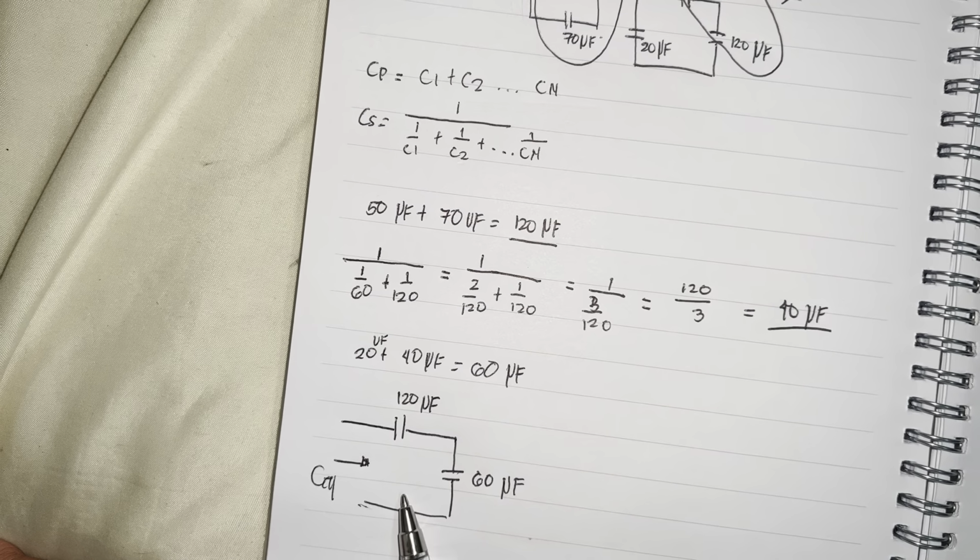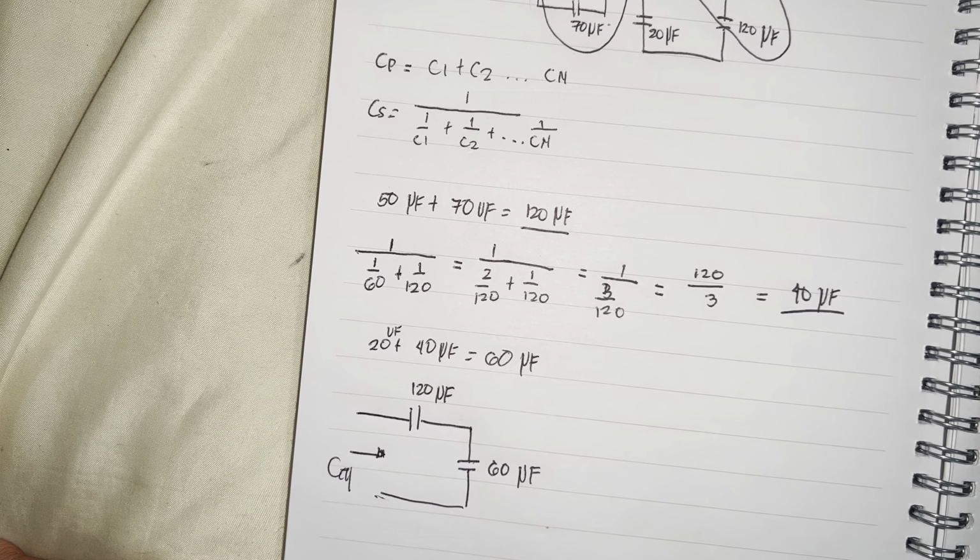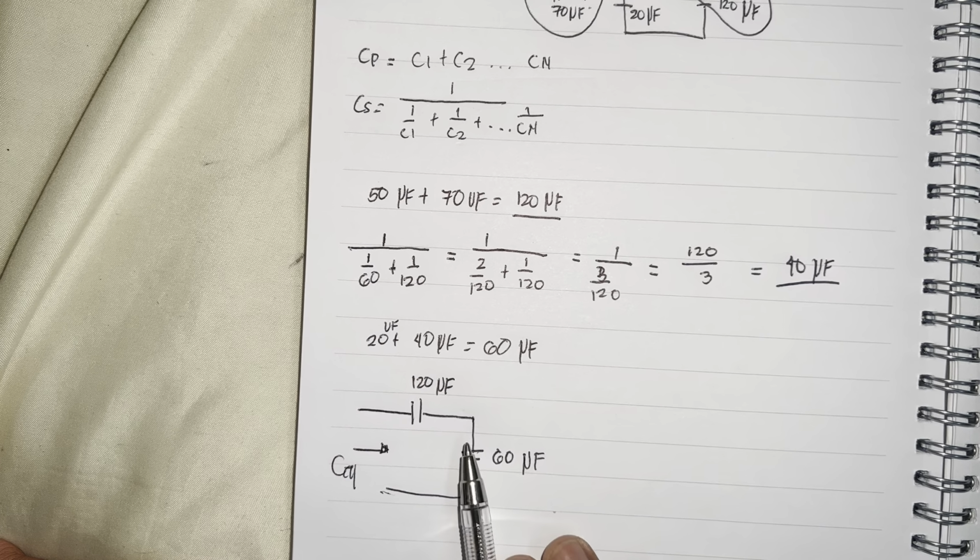Now the circuit looks like this, and since 120 and 60 are in series, we will solve it.